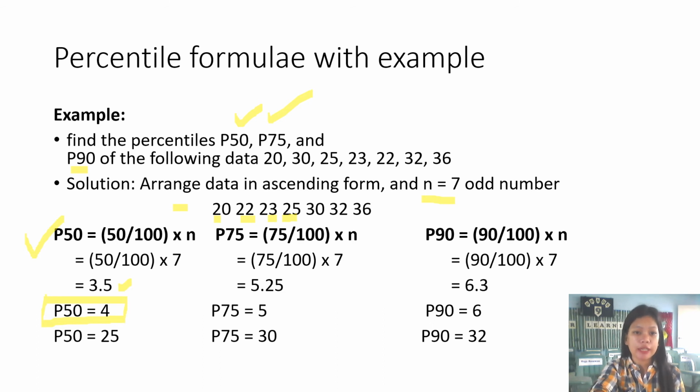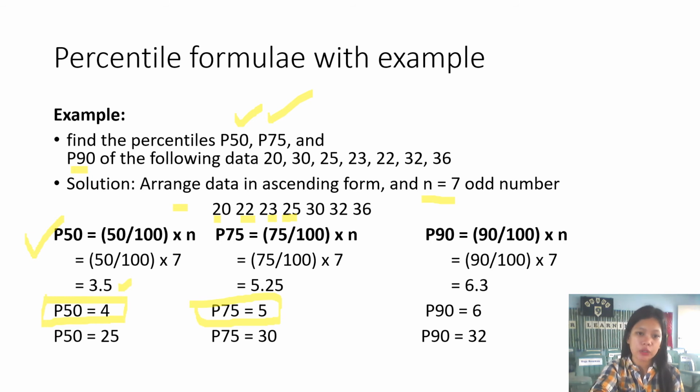And we have here the next, 75th percentile. So 75 over 100 times n, or the total number of data. So 75 over 100 times 7 is equal to 5.25, or rounded off, the 75th percentile is equal to the 5th data.